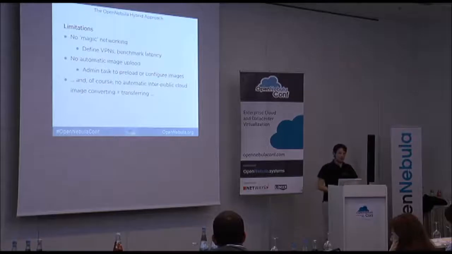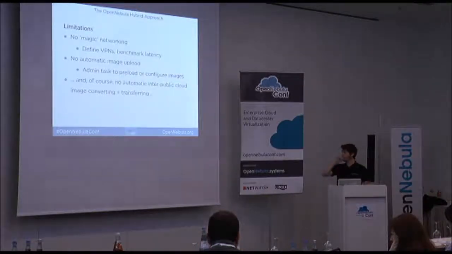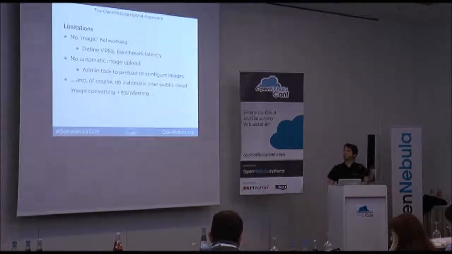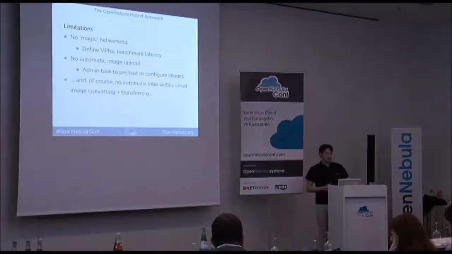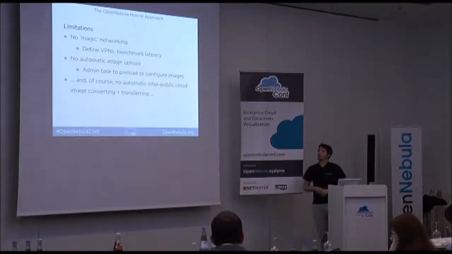And related to this, there's also no inter-public cloud image transferring and converting. So you cannot say from OpenNebula, okay, this image that I have here in Amazon, I want to transfer it automatically to SoftLayer. Again, the administrator has to take up this task and transfer the image themselves, and then instruct OpenNebula and say, yeah, this image in Amazon is the same as this one in SoftLayer, so I don't care which one you fire.